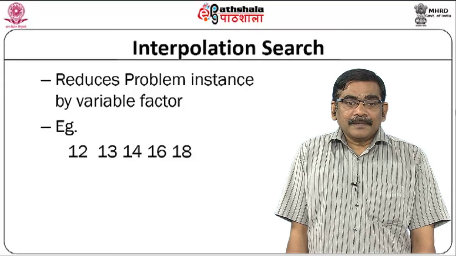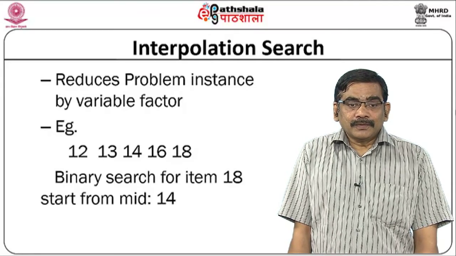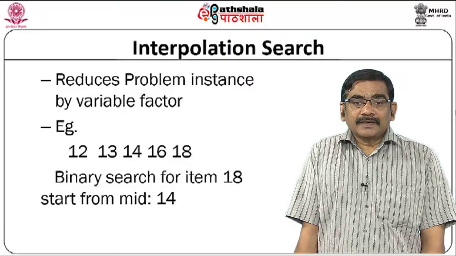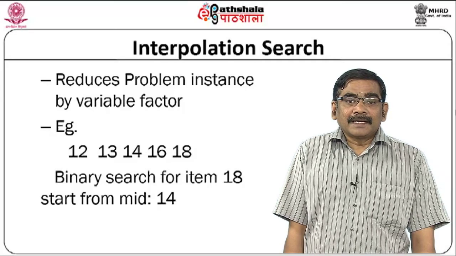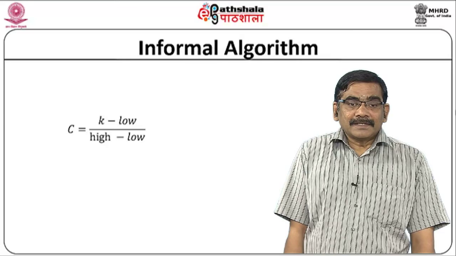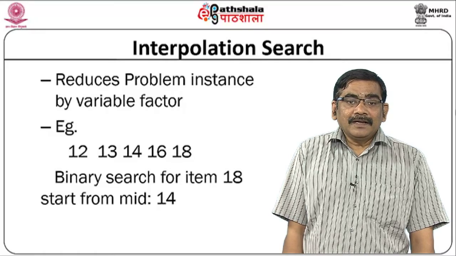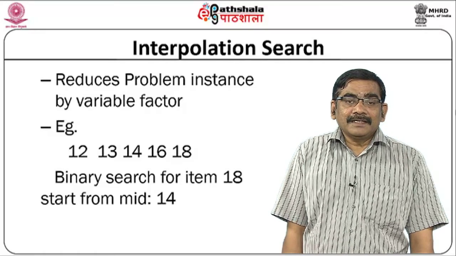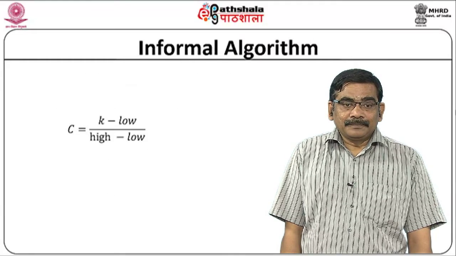For example, if this is a list and I want to search for 8, binary search will put the cut in the middle. So, it will start from 14 and then search, whereas in interpolation search we will try to go towards the end of the list, so that we can find the solution faster. So, this is the idea.